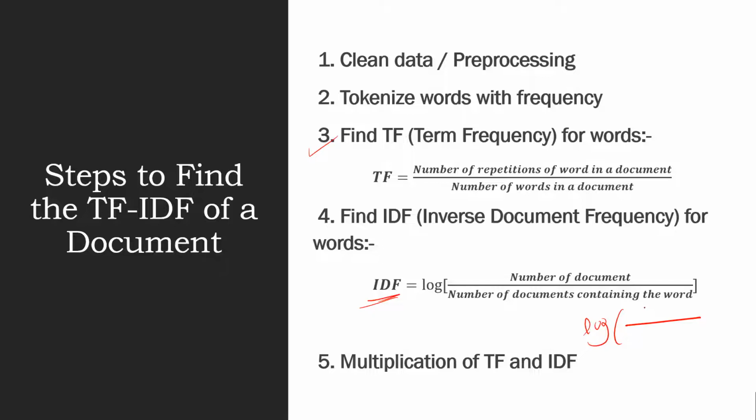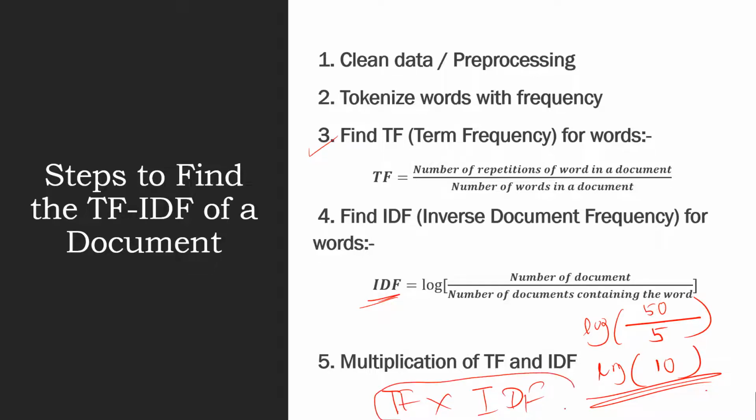Let's say we have 50 documents overall. Among the 50 documents, only 5 documents contain the word economy. So you need to calculate the log 10 value. That is called IDF. After that, you multiply the term frequency and the inverse document frequency. That gives the weight of the document.